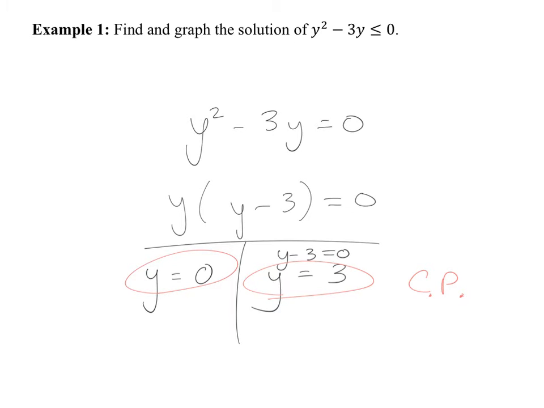So now that we remember this is an inequality, let's go ahead and draw a number line at the bottom now, and let's identify our critical points on the number line.